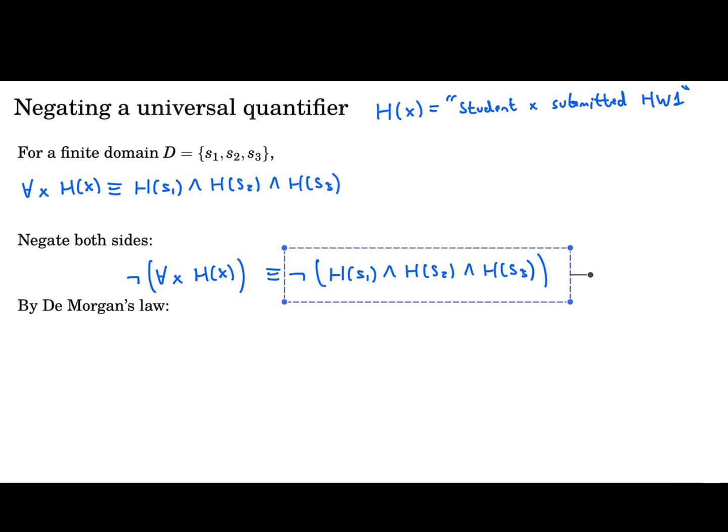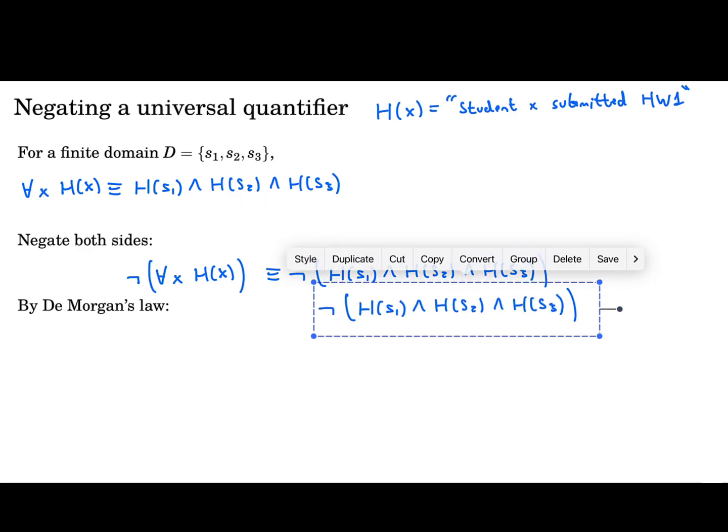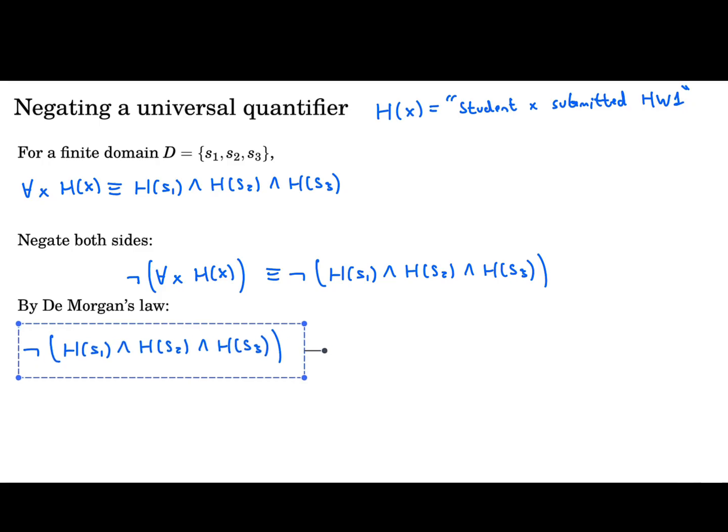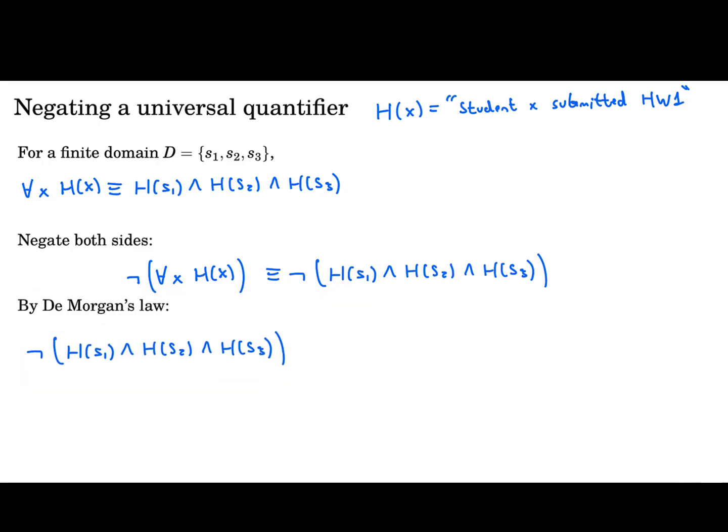So this right-hand side, let me put it here. And so how does this work? So the idea was that the negation enters, but then the ANDs become ORs.